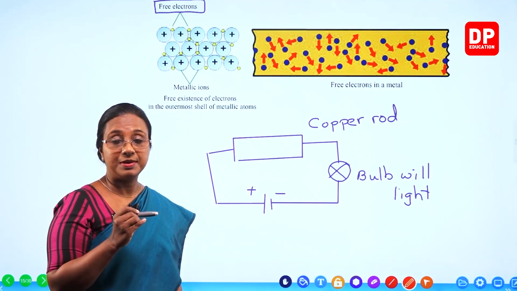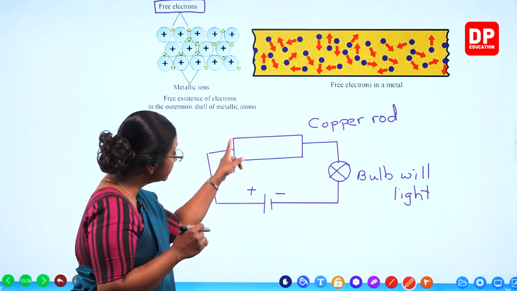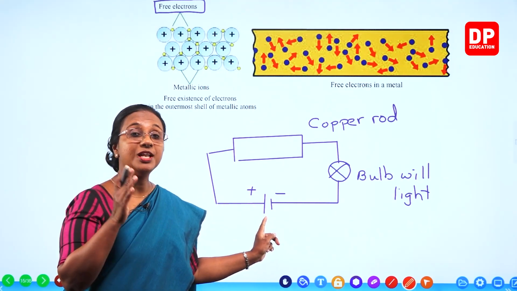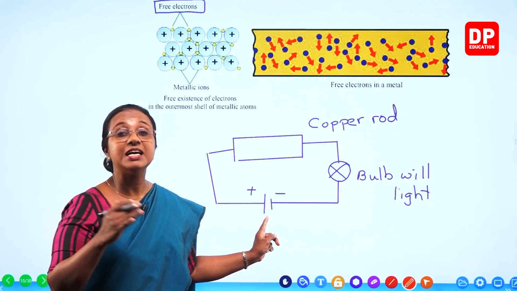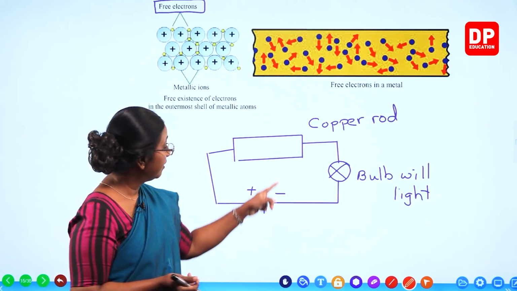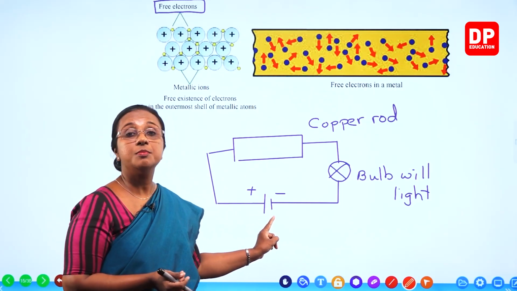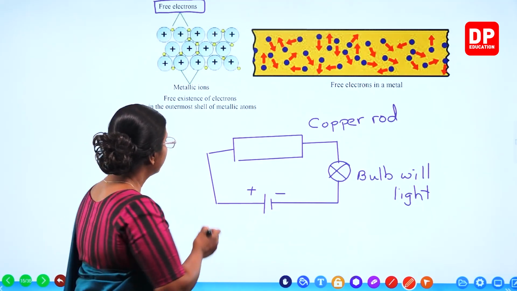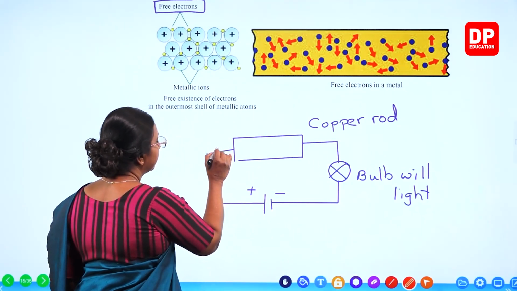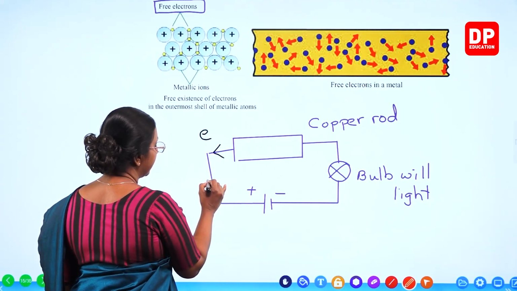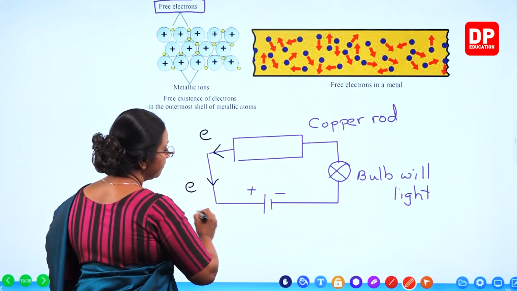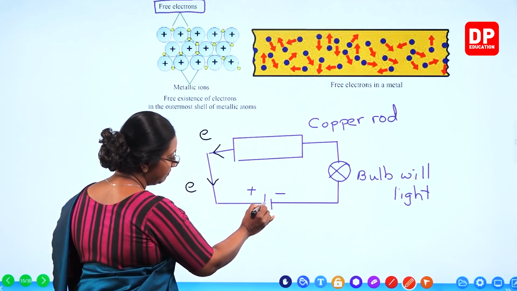But because this part is connected to the positive terminal, normally you all know opposite charges attract. So the negative electrons on this copper rod will get attracted to the positive charge. So in this direction, the electrons will start to move. Electrons from the rod will start to move towards the positive terminal.